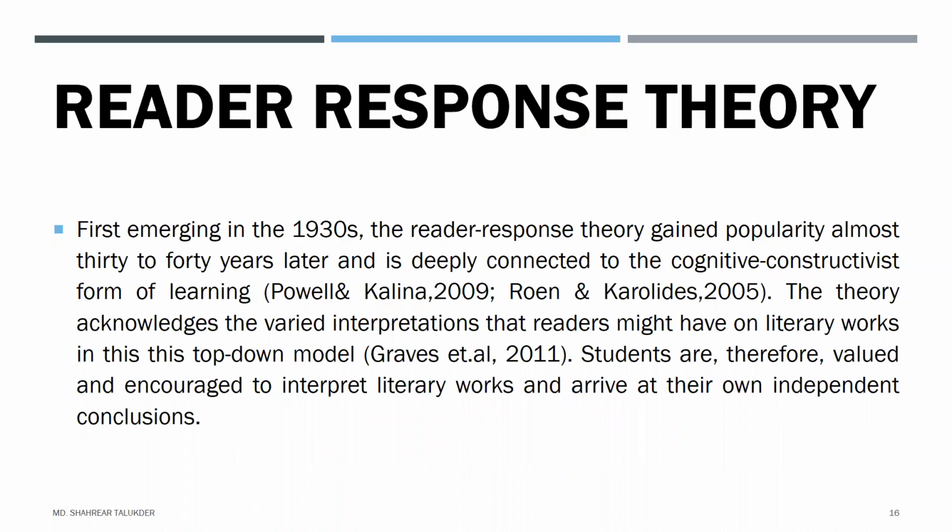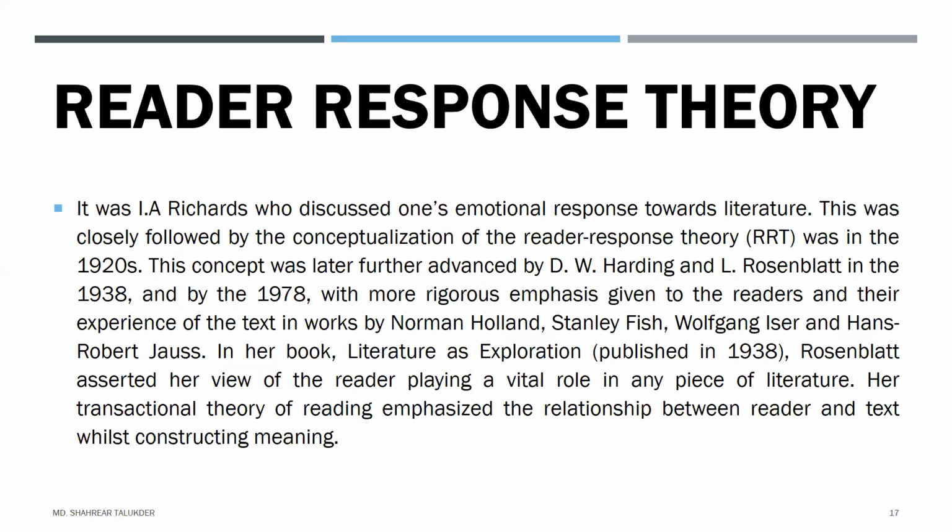In this top-down model, students are valued and encouraged to interpret literary works and arrive at their own independent conclusions. So as readers and as students, we are encouraged to have our own meaning. As I have already mentioned, as a reader you will feel more independent and liberated, freed from any kind of obstacle. So you can have your own meaning after reading a literary text.